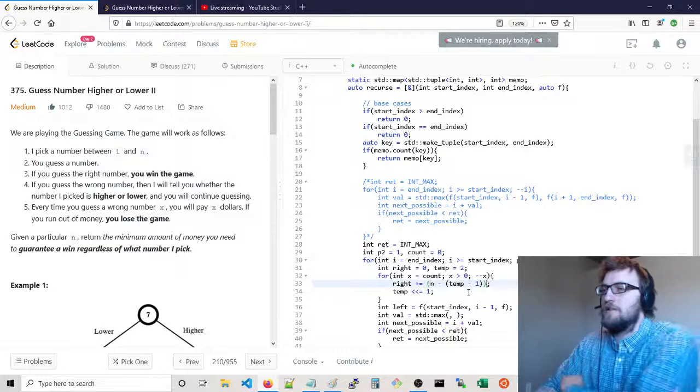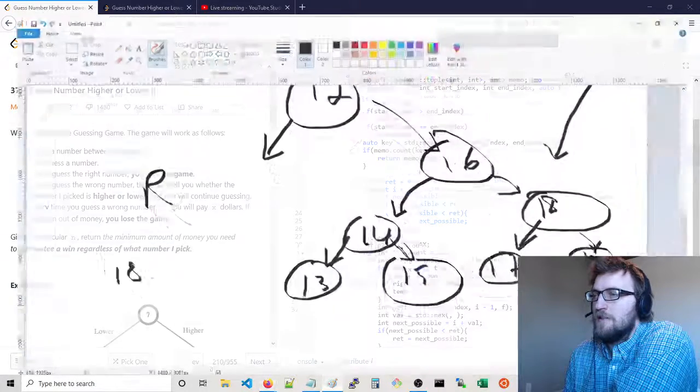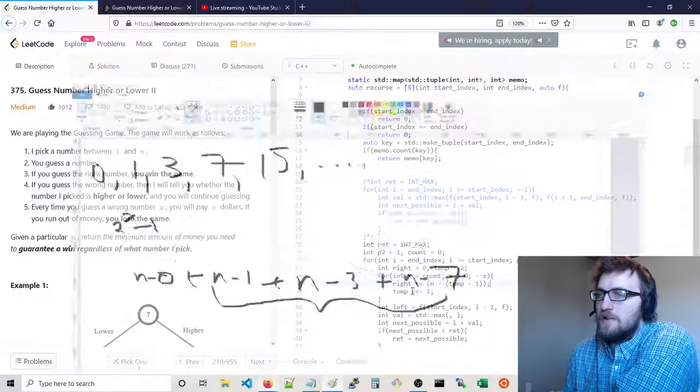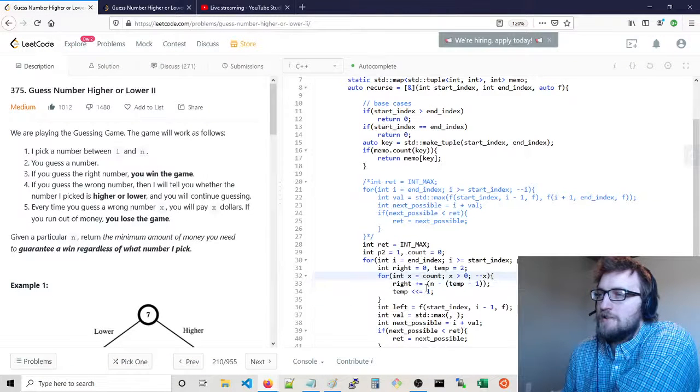That's a little confusing. Yeah, n minus 1. So start off at 2, 2 minus 1 is 1, n minus 1, then 2 becomes 4, minus 1 is 3, minus 3, right, so we add all those numbers, that's the right side. We multiply by 2 on temp.